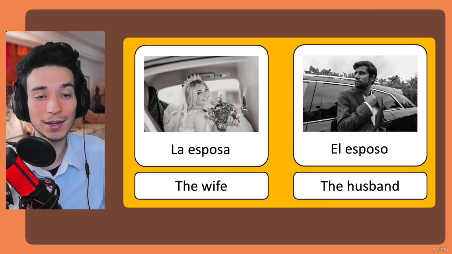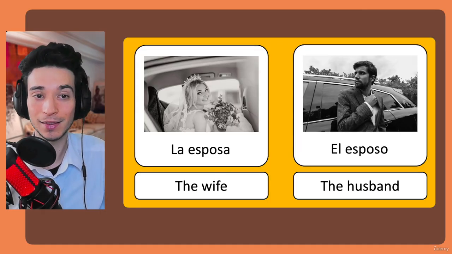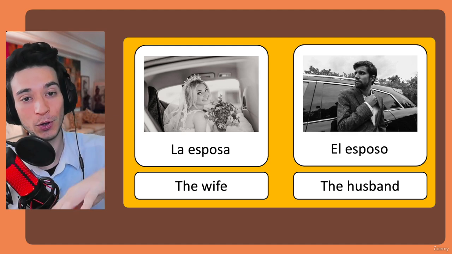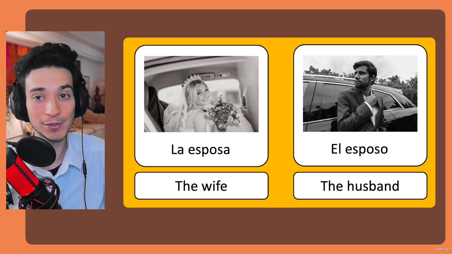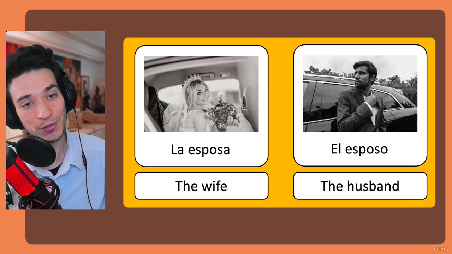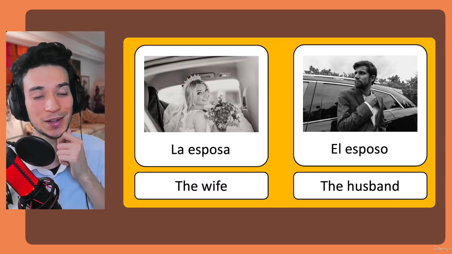Here we have la esposa, the wife. And if you change the letter A for O, we have el esposo, the husband. El esposo. Okay, la esposa, the wife, el esposo, the husband. This is quite simple.